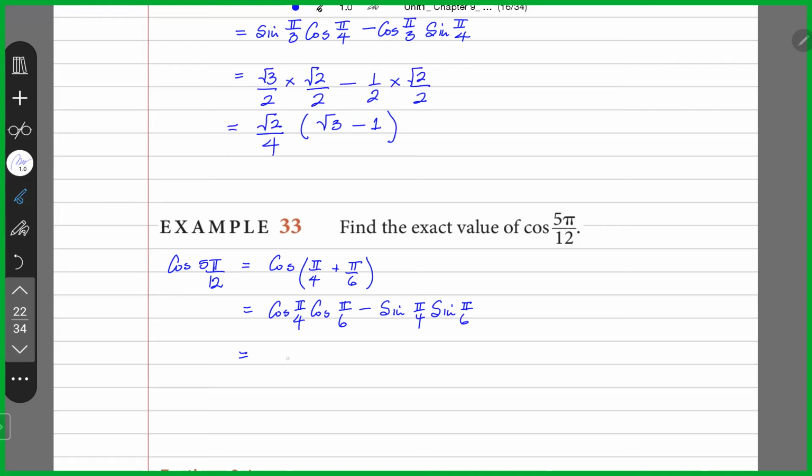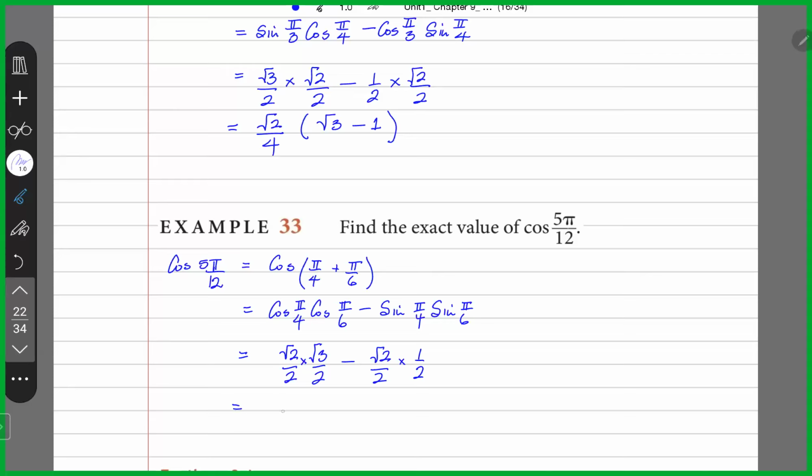Now, the cosine of 45 degrees is root 2 over 2. The cosine of 30 degrees is root 3 over 2, minus the sine of pi by 4, which is root 2 over 2, and the sine of pi by 6, which is a half, times a half.